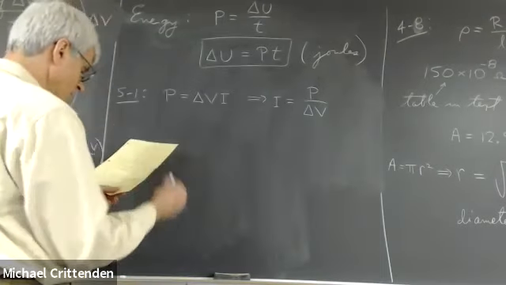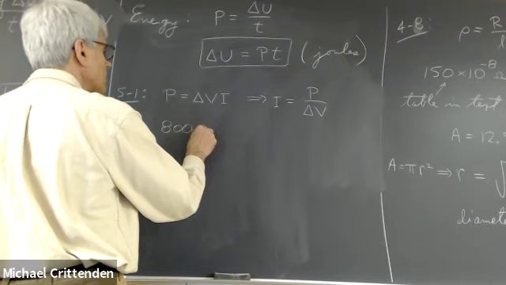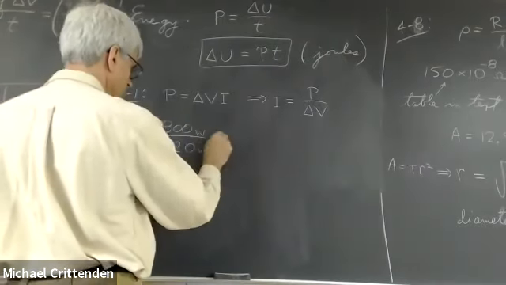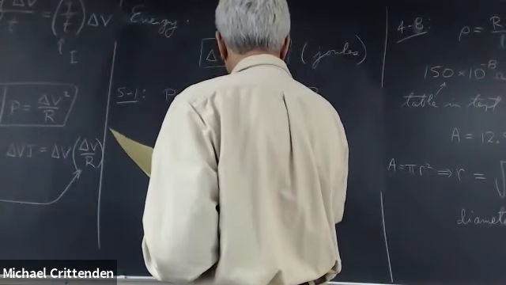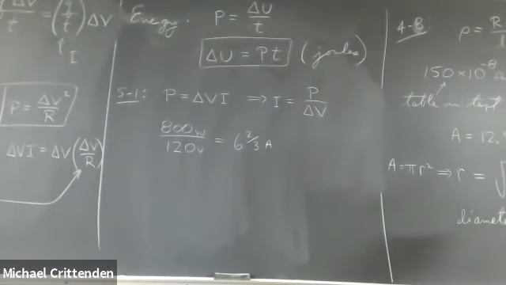So 800 watts over 120 volts. You've got 6 2/3 amps going through that one. I guess that was the toaster.